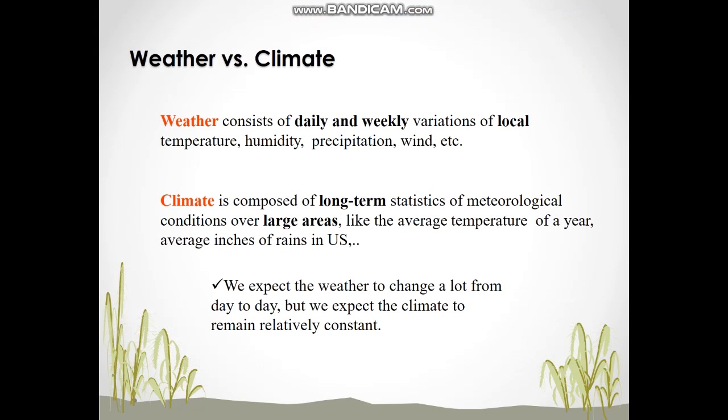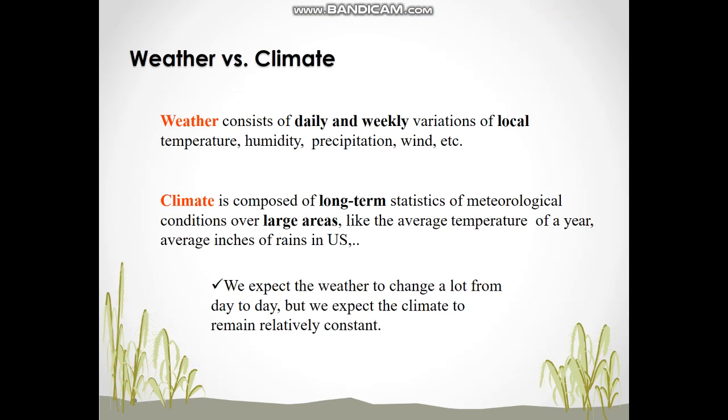There are two important concepts in global warming that are frequently used interchangeably, but these terms are not synonyms at all, and they are actually very different. Weather refers to the short-term meteorological variations like daily or weekly temperature, precipitation, humidity, and wind, and it's for a small local region.